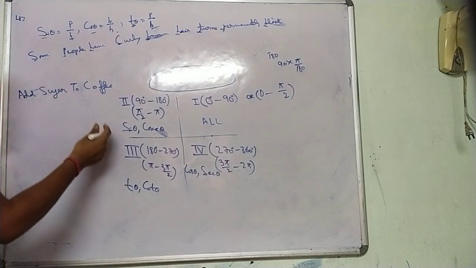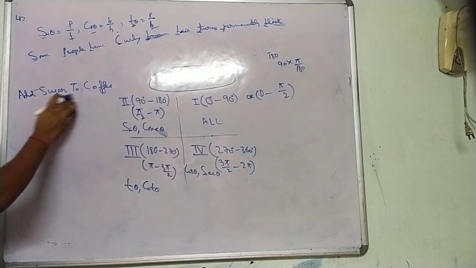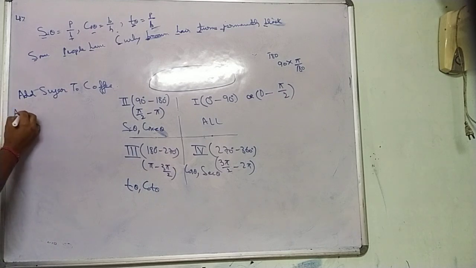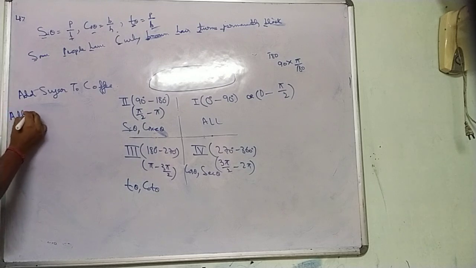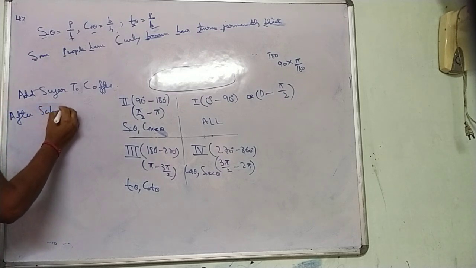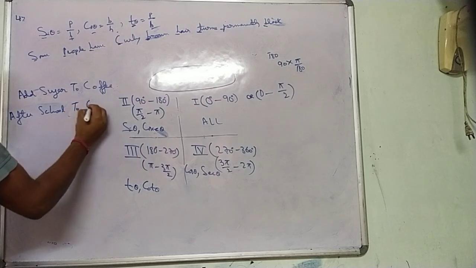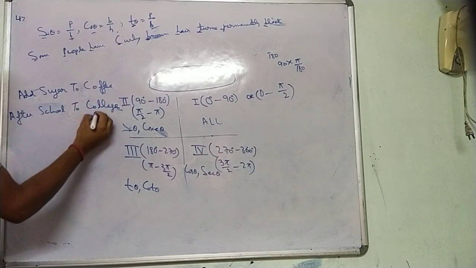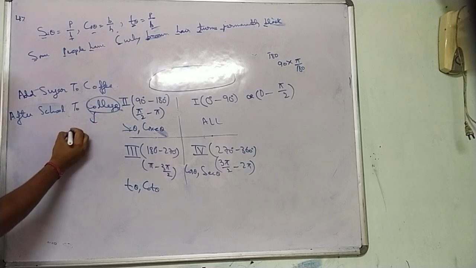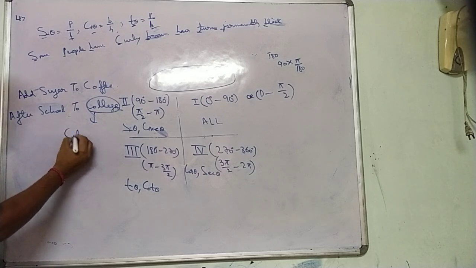So we can remember by this simple mnemonic: add sugar to coffee, all school to college. Sorry, after school to college. Nowadays it has changed, and after school to city center for CBT students.